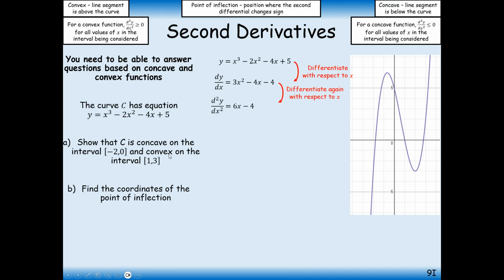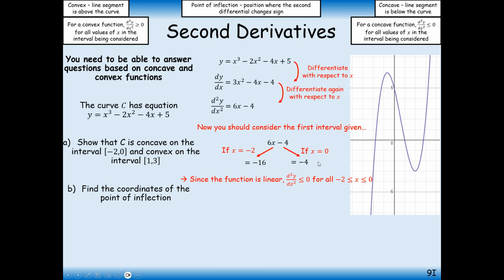If we substitute the values of -2 and 0, let's see what we get. -2 will give us -16, and 0 will give us -4. So the second derivative is negative, right? And that will tell us that it's a convex function. Concave function, my apologies. Concave.